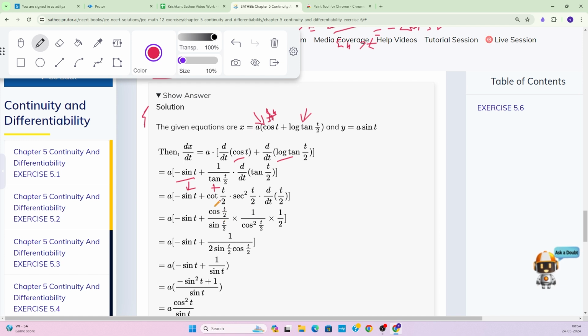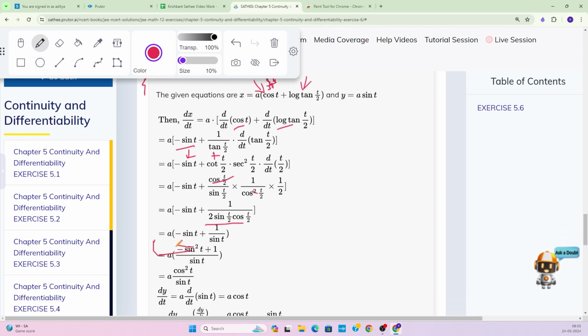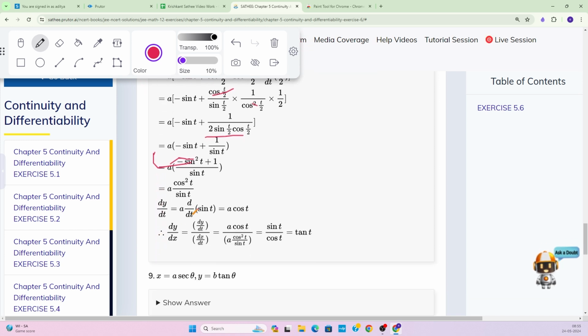Now what is happening? If you try to see, I broke this cot into the ratio of cos and sine, and sec into the reciprocal of cos. So this and this will be cancelled. In the denominator you are only left with 1 by sine t. You now have this, so it can be reduced further as minus sine square t plus 1 divided by sine t, and this will be cos square t.